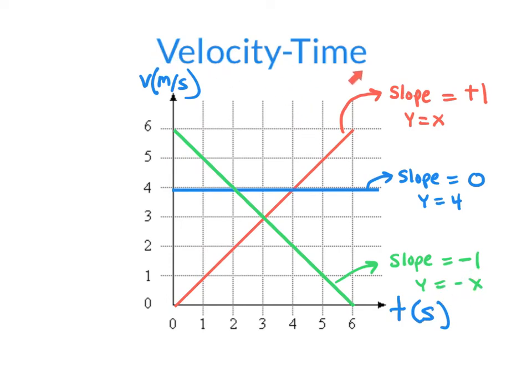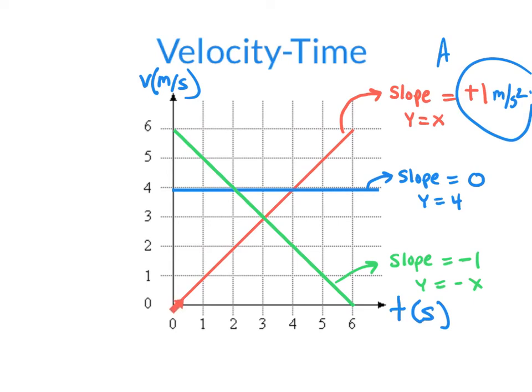But because this is a velocity time graph, our y values and our x values mean something different. What this is telling us is that we have a slope of plus 1 meter per second squared. So our acceleration is 1 meter per second squared.